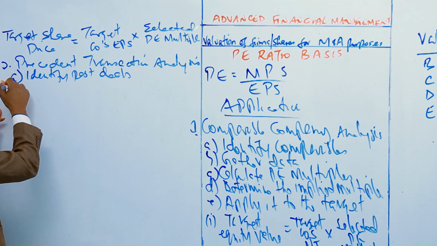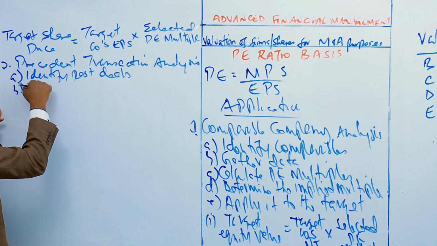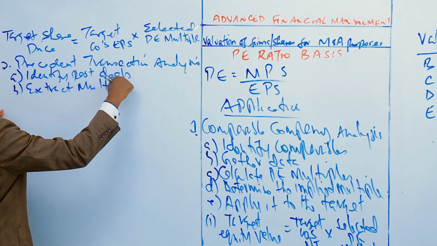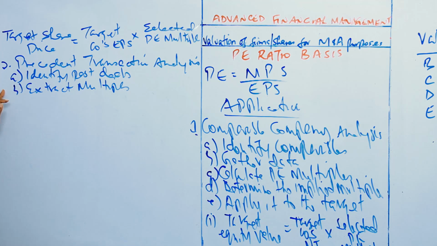Then you extract multiples. Step number two is to extract multiples. For each past transaction, determine the implied PE multiple at which the deal was completed. Do you understand? Yes.